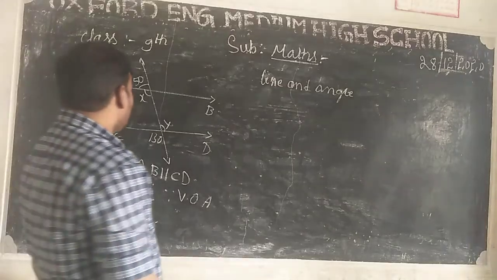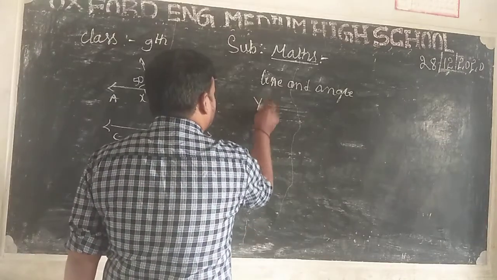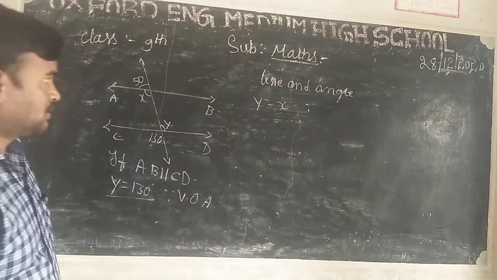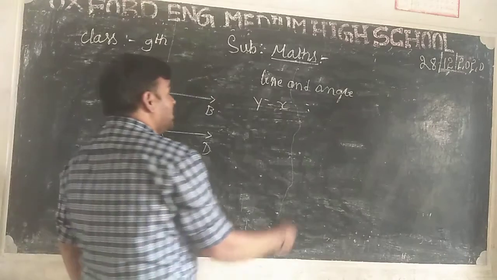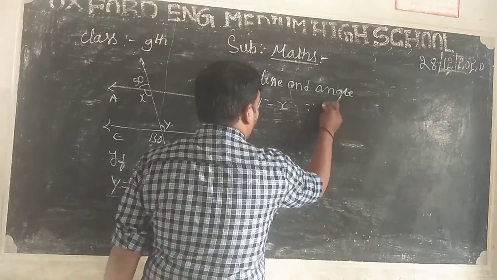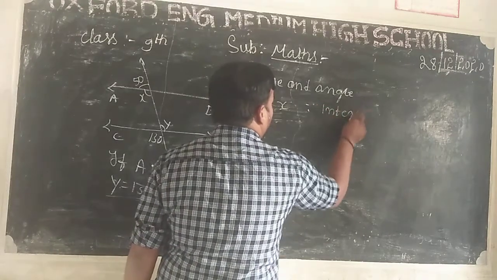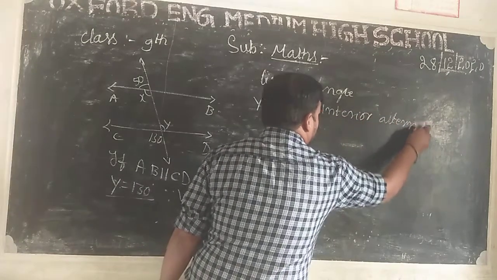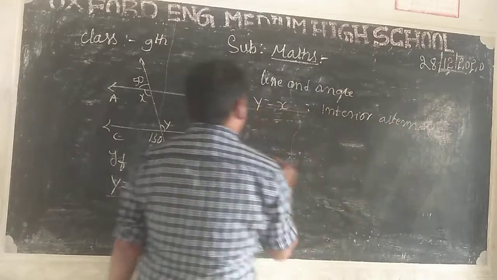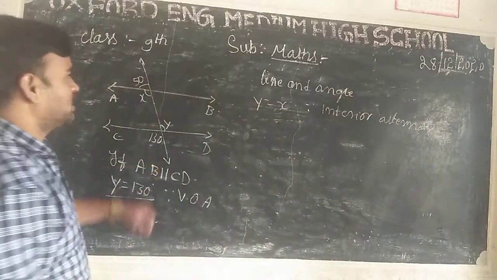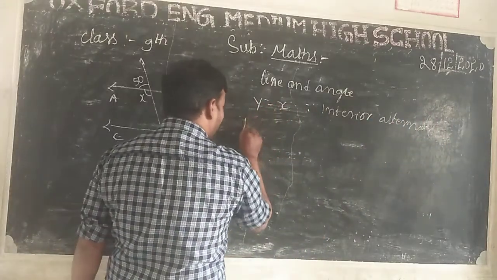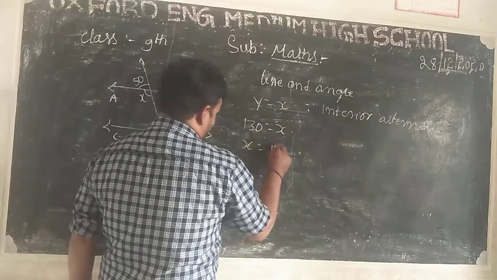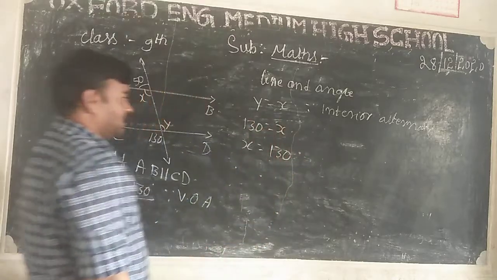Here y is equal to x because of interior alternate angles. Therefore, what is the value of y? 130 degrees. So what is the value of x? 130 degrees. So x is equal to 130 degrees.